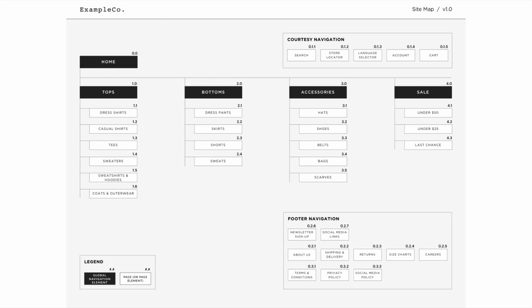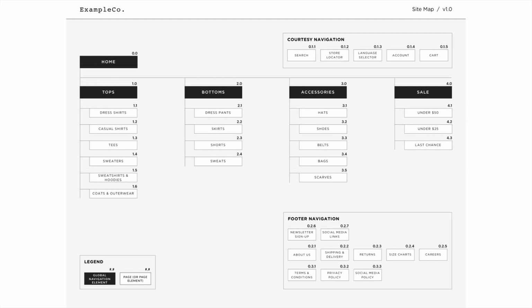Let me start by explaining the legend at the bottom left. This should be as robust as it needs to be. If there are specific elements that need to be called out differently, then you should add them. In this case, we only have two elements or two nodes being described. Similarly to the card sort experience that you tried in a previous module, each one of these boxes represents a node as part of our information architecture.